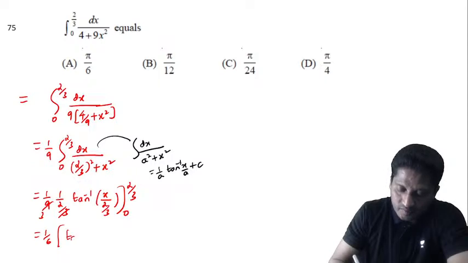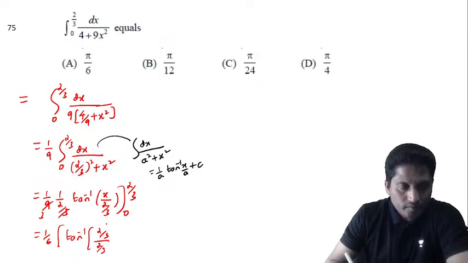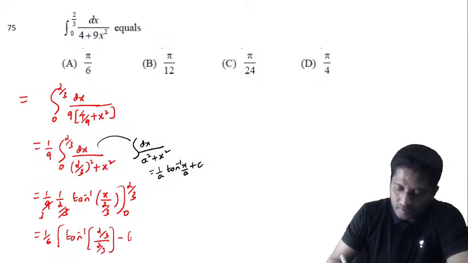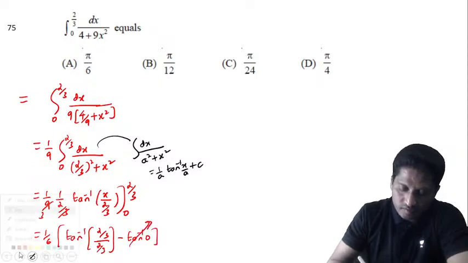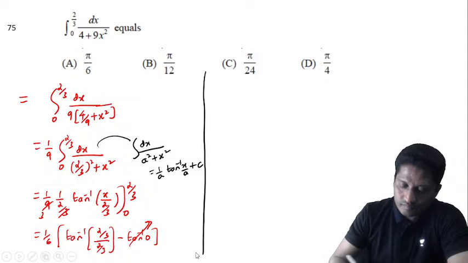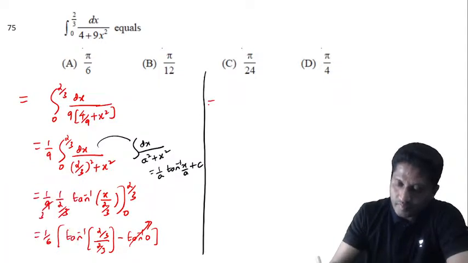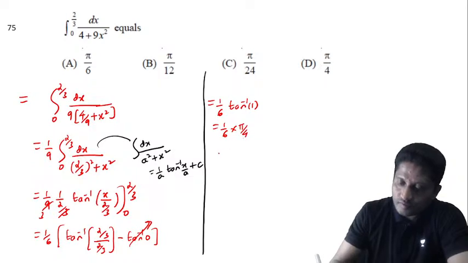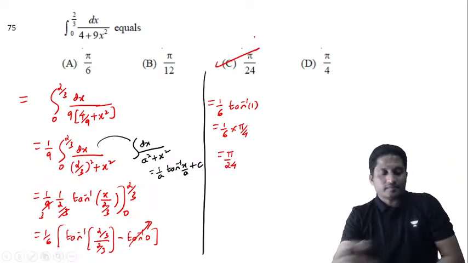Upper limit is tan inverse of 2 by 3 by 2 by 3, minus the lower limit is tan inverse of 0. Tan inverse of 0 is 0. 1 by 6, and then you get tan inverse of 1. 1 upon 6, tan inverse of 1 is pi by 4. You will get pi divided by 24. Answer is option C.